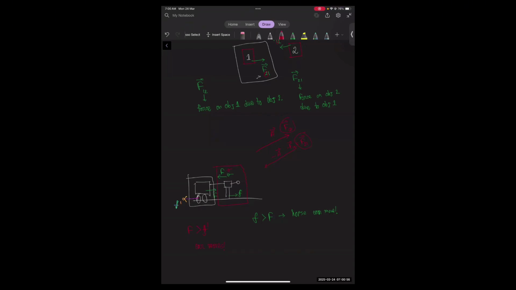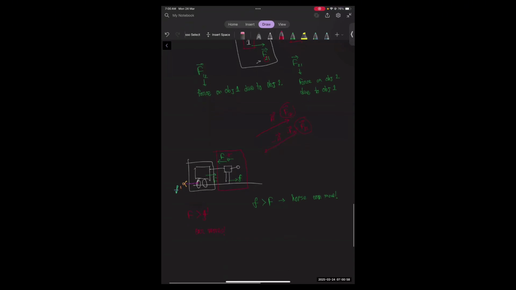Okay, so where did the contradiction come from? The contradiction comes if you take this as your system. If this is your system, then the sum of F is, in this case, F plus F minus F minus F prime.